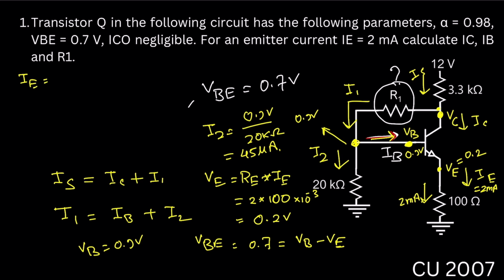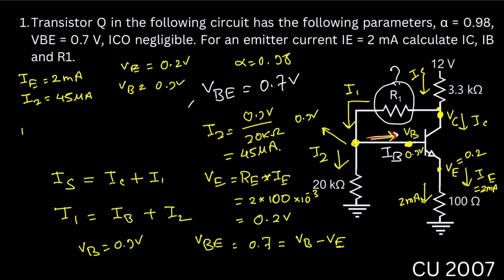From here we already got IE 2 milliampere, I2 45 microampere, VE equal to 0.2 volt, VB 0.9 volt. Now they provided the value of alpha, 0.98, and we know beta equal to alpha by 1 minus alpha, equal to 49.